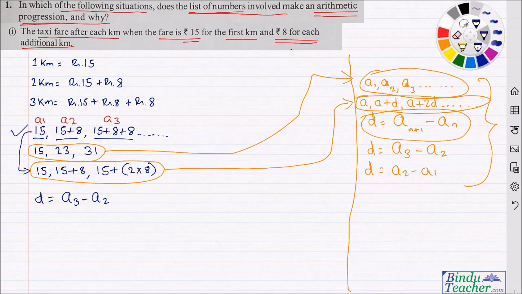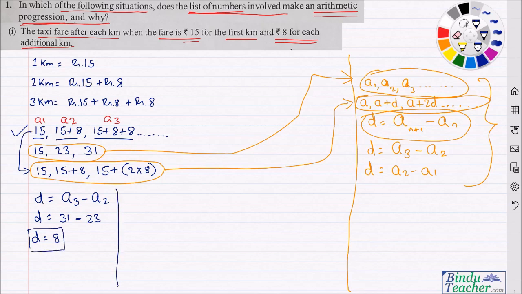Now I'll do the substitution. A3 is 31, minus A2, which is 23. So I get the answer d equal to 8.